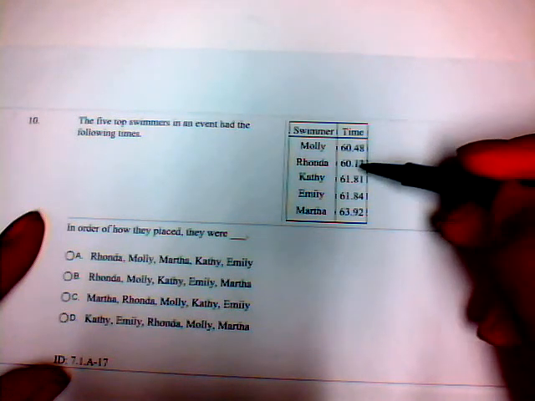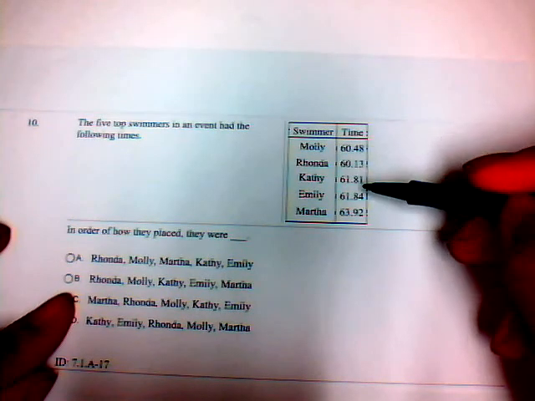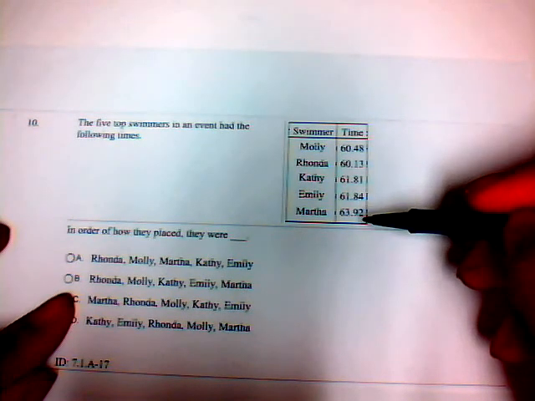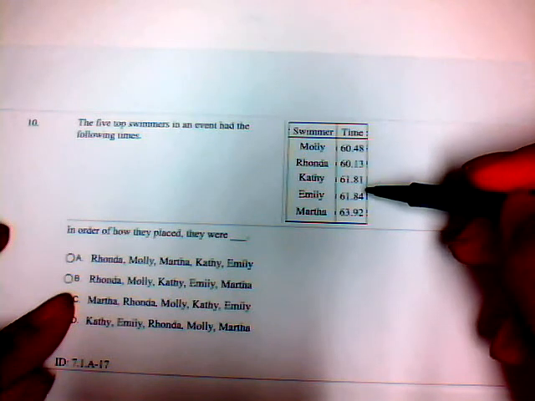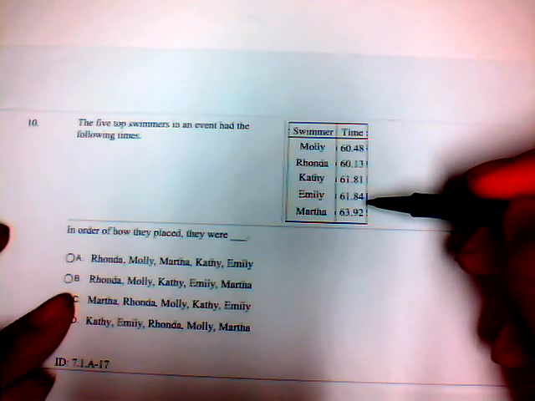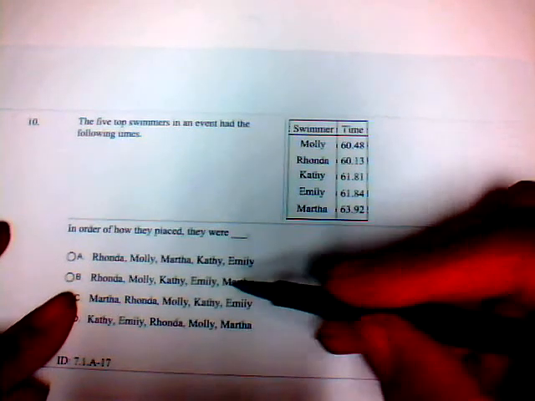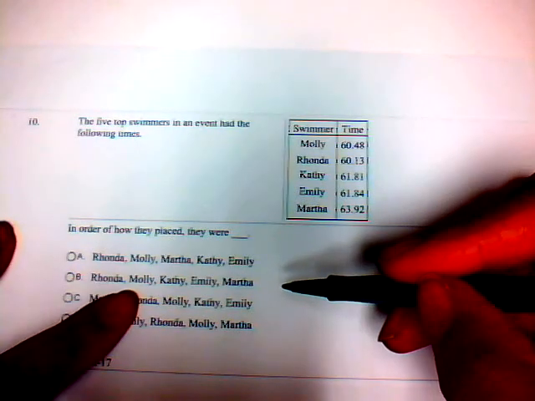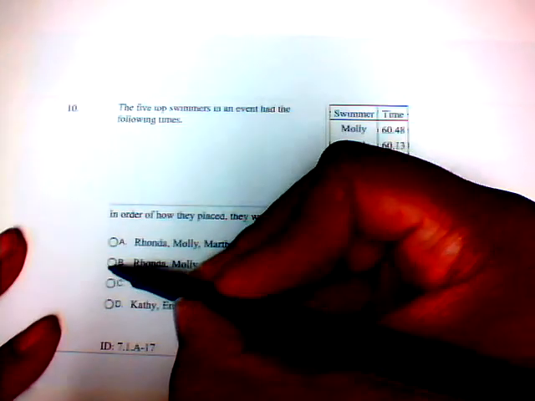So Rhonda finished first, and then Molly was second. And then for Kathy, Emily, and Martha, we have to compare those. Kathy finished third because she finished with 0.81. Then 0.84 is slower, so Emily finished after Kathy, and then Martha finished last. So it will be this order: Rhonda, Molly, Kathy, Emily, then Martha.